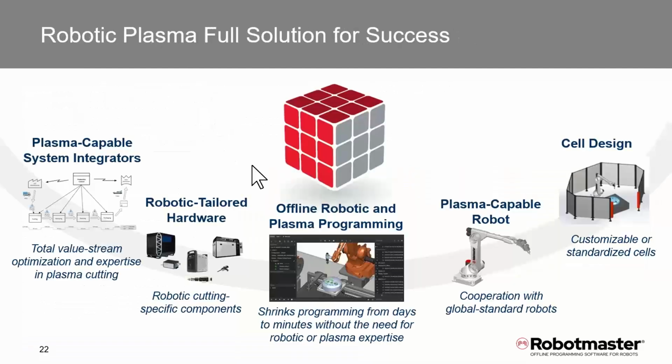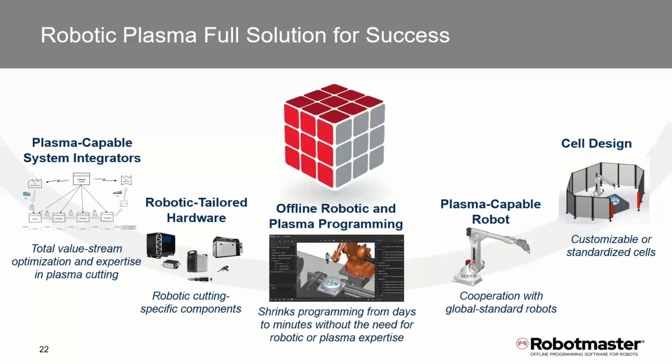So I guess just kind of summarize what we've been talking about a little bit, and we really are interested in your questions, is when you think about the solution, it needs to think not only robotics, but also plasma. Having a system integrator that understands both and or who can tap into that application knowledge is really vital.